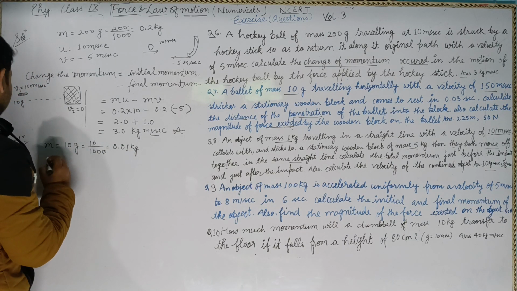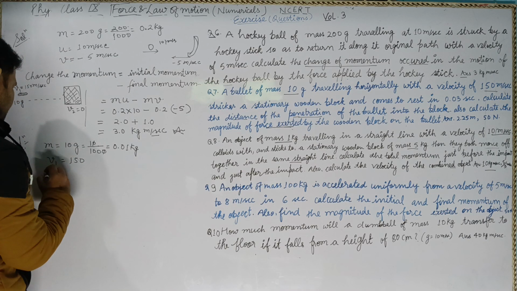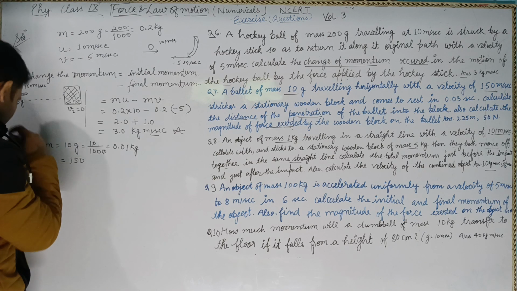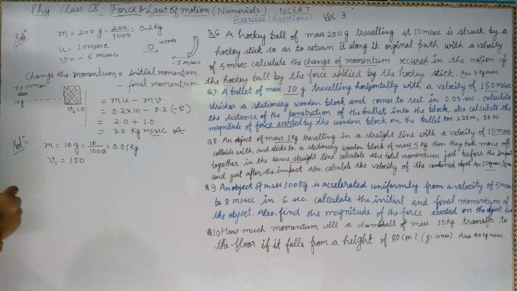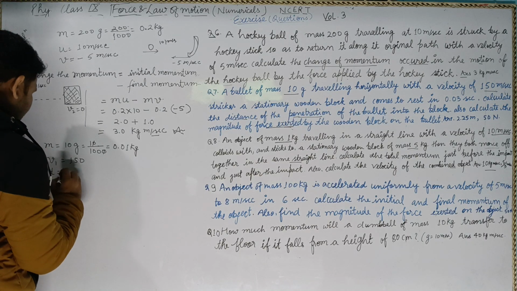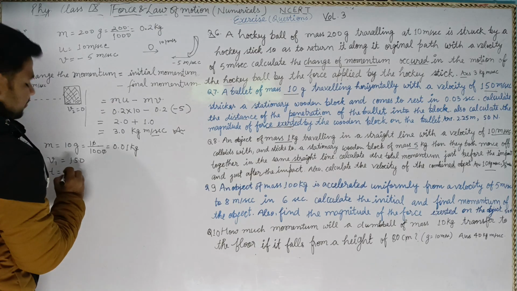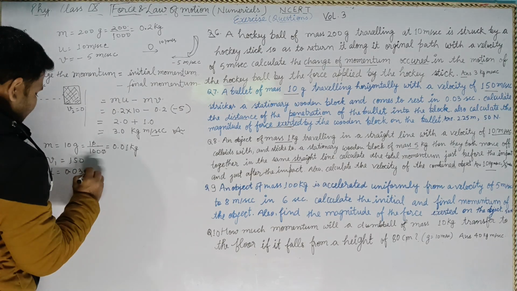Velocity of bullet v1 is equal to 150 meter per second and v2 is 0, and time taken is given t equal to 0.03 seconds.